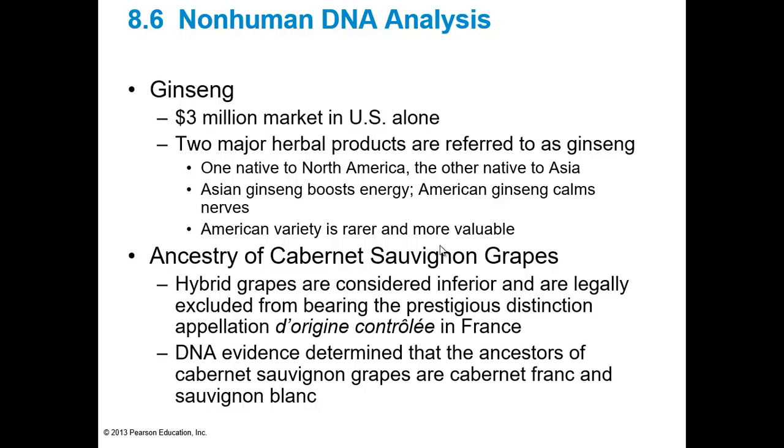You have to find that the DNA is either Cabernet Franc or Sauvignon Blanc, and then you can establish pedigree. If you have hybrid grapes, if you haven't bred them correctly, you've introduced a new variety, then after the DNA test, that wine cannot be designated as Cabernet Sauvignon.